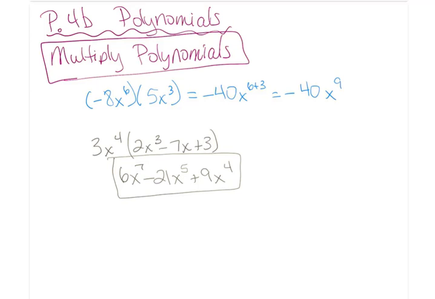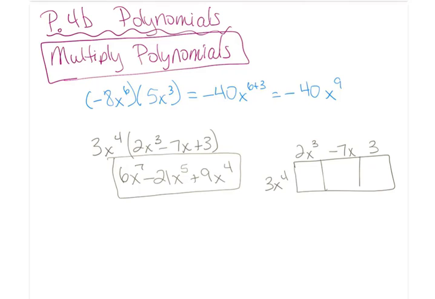Not too shabby. You can also do what we call that area model on these. To where we know we have one term here, so we'd have like a 1 by 3 little box. So on the outside you'd have your 3x to the 4th, and then on the top of the box you'd have 2x to the 3rd minus 7x and then 3.